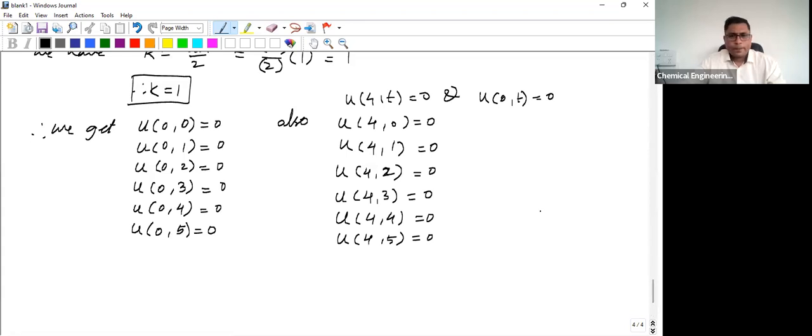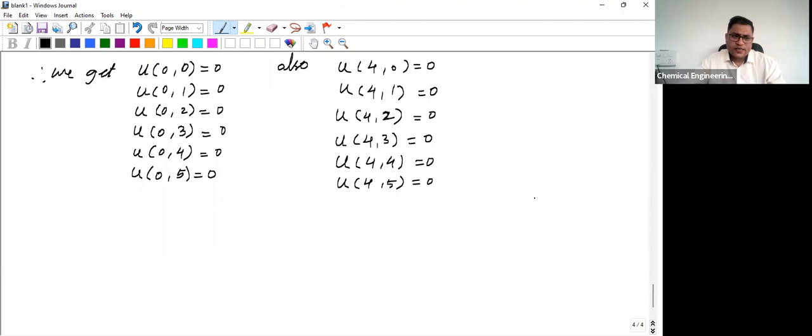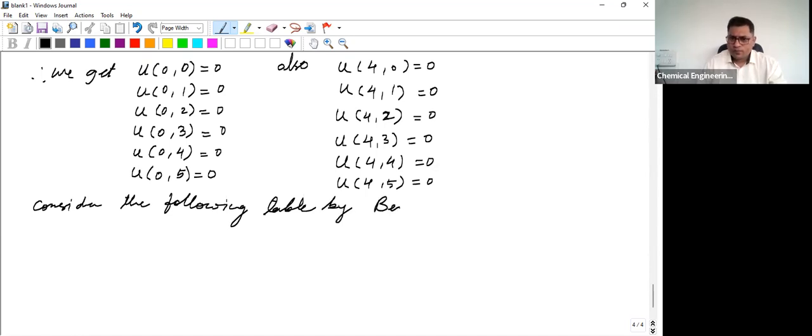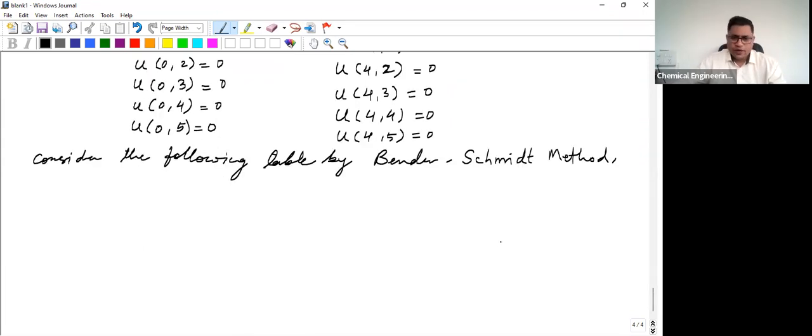Now, using these conditions, we have to make a table. So consider the following by Bender-Schmidt method. We are using the Bender-Schmidt method to find the intermediate values.